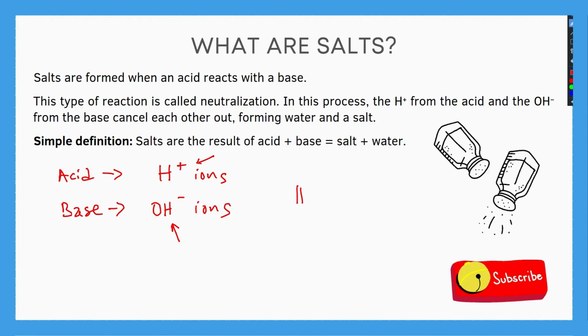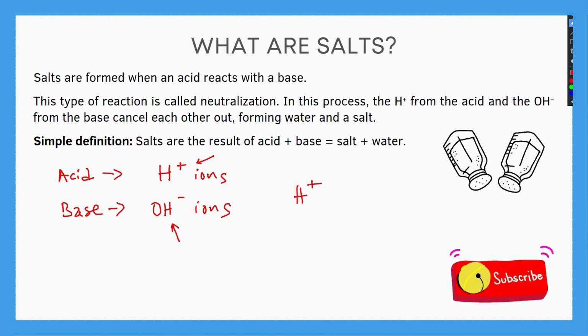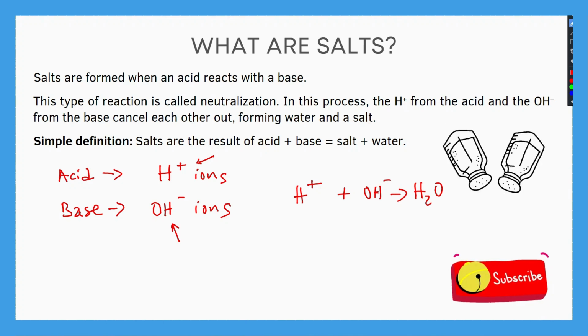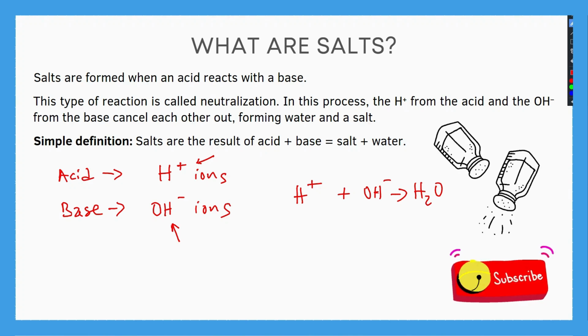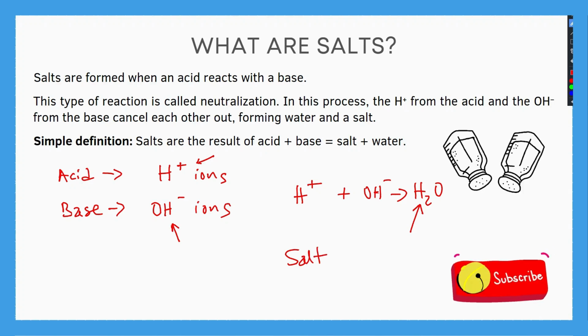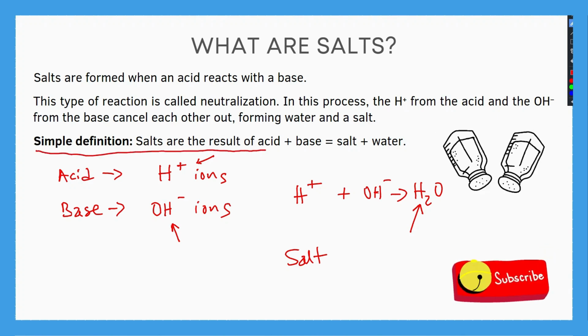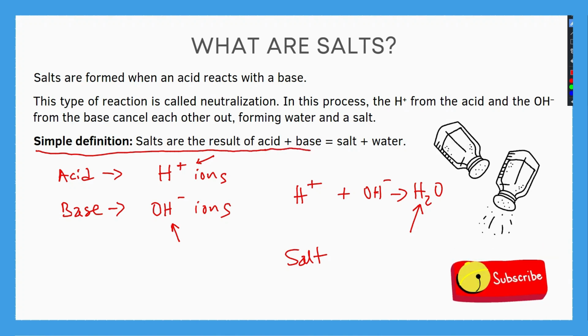When H+ or hydrogen ions react with OH-, they produce water, H2O. That is why one of the things that is produced when an acid and a base react is water and a salt, which we just saw in the previous equation. So a simple definition of what salts are: salts are the results of the reactions that occur between an acid and a base.